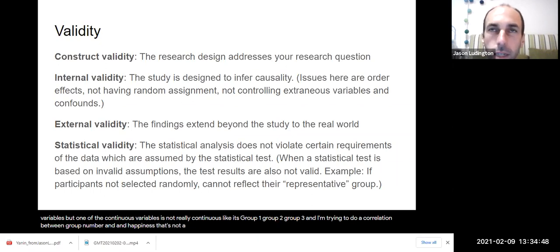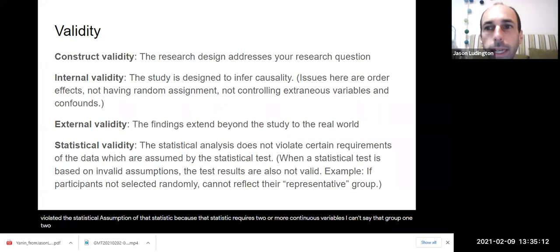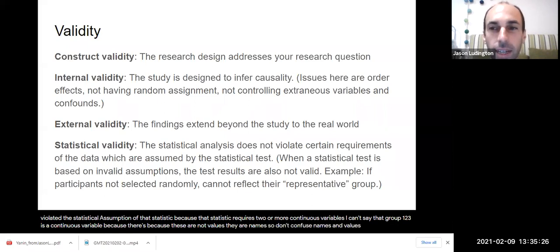That's not a correlation. If I try to do a correlation, like a Pearson's R correlation statistic, then I have violated the statistical assumption of that statistic, because that statistic requires 2 or more continuous variables. I can't say that group 1, 2, 3 is a continuous variable because these are not values, they are names. So don't confuse names and values, yeah?